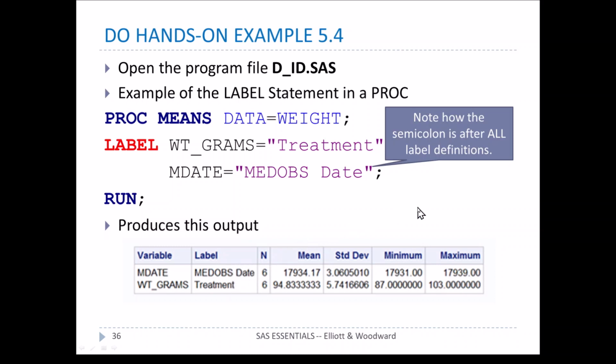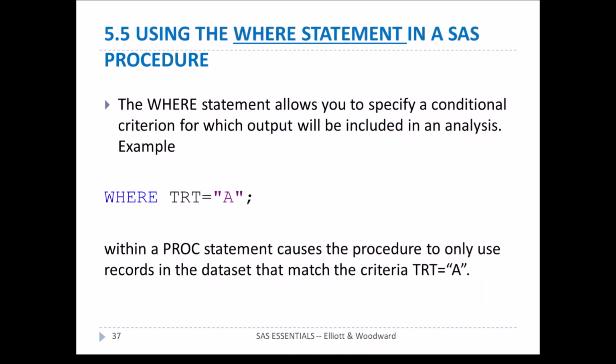it would not produce this label column here. All right, let's look at section 5.5, using the WHERE statement in a SAS procedure. The WHERE statement allows you to specify a conditional criterion for which the output will be included in analysis. That's a fancy way of saying you can choose which data you want to be used in an analysis by specifying some sort of restriction.